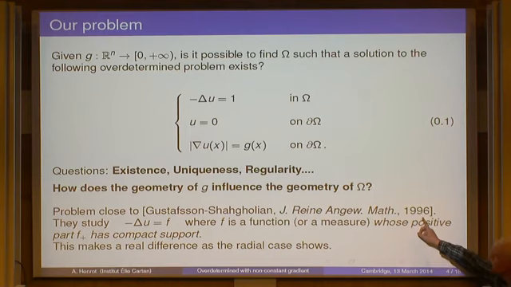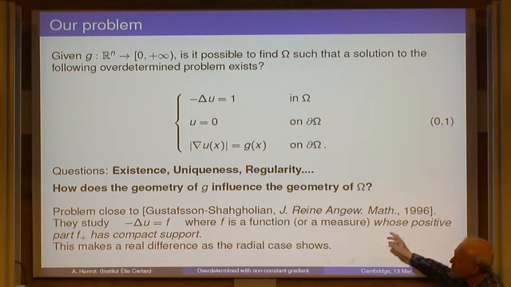It was a paper almost 20 years ago, where they study exactly the same overdetermined problem with f, which is instead of my 1, so it looks more complicated, except that their f is a function of a measure, and they need to assume that the positive part of f has compact support. And this makes a real difference between our two situations. I will explain below why.